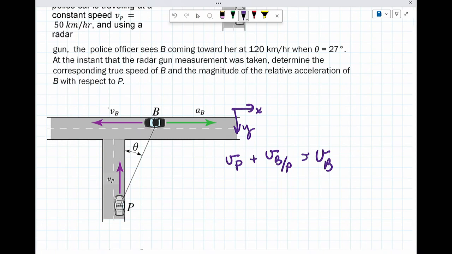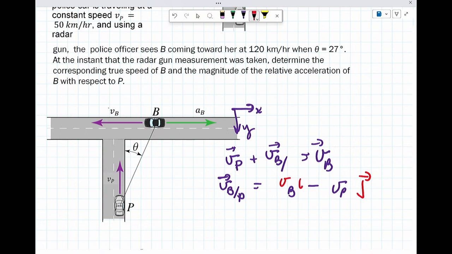Velocity of B is equal to the velocity of P plus the velocity of B relative to P. Same thing as before, and these are vector terms at this point. So the velocity of B relative to P is equal to velocity of B minus velocity of P, and I'm going to try and keep vectors separate.